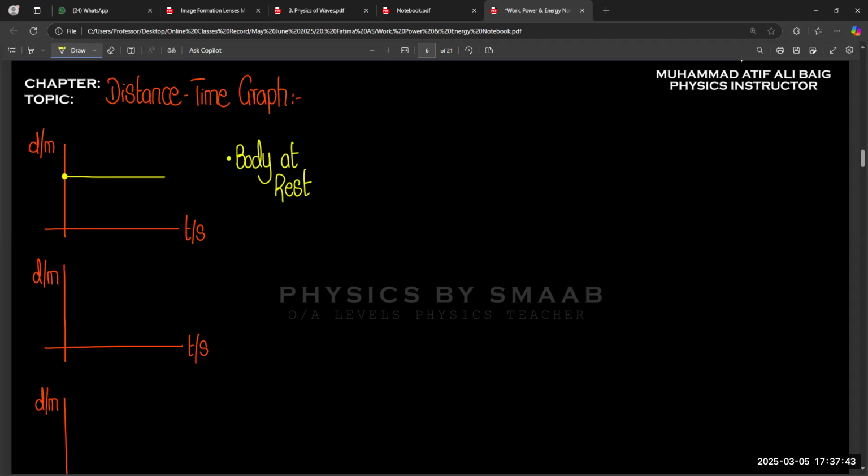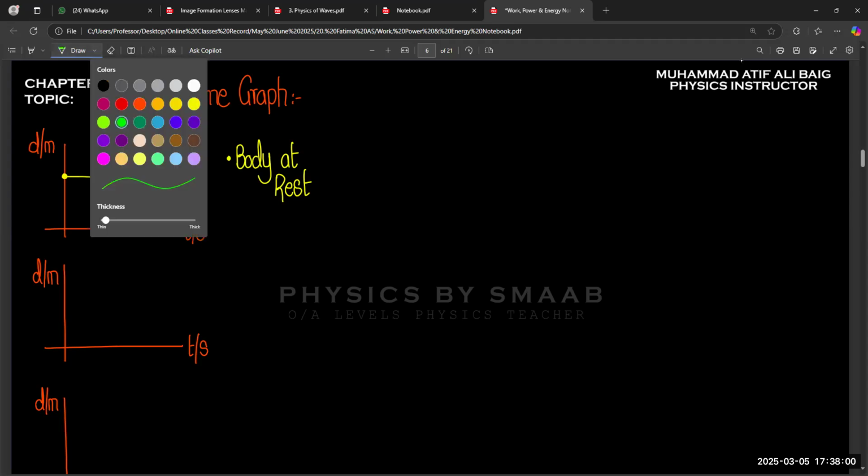Let's suppose a body is placed at a certain distance. The body will remain at that distance and only time is increasing, because time is an independent quantity. Distance depends upon time, but time does not depend upon distance.